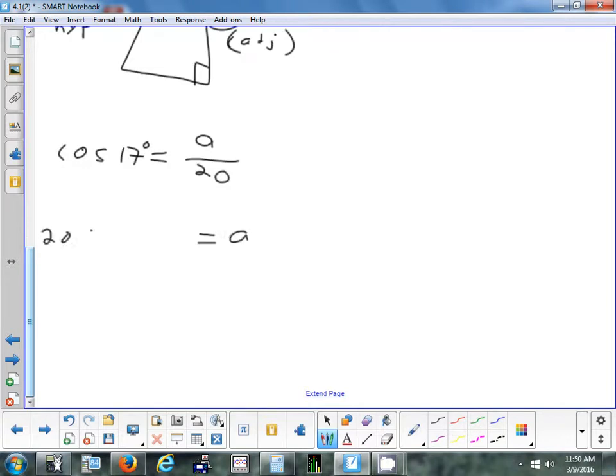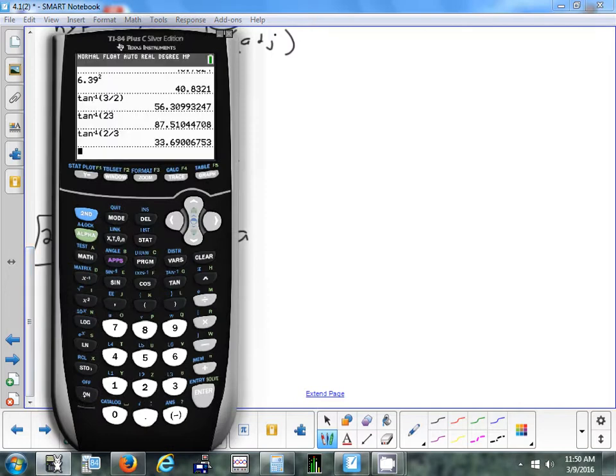So it's 20 cosine 17. And even though we're tilting the ladder at a 17-degree angle, the ladder is still going to reach pretty high. It's probably going to reach about 19 or so feet high. So it can still reach about 19.13 feet.